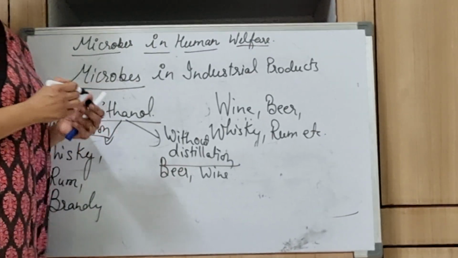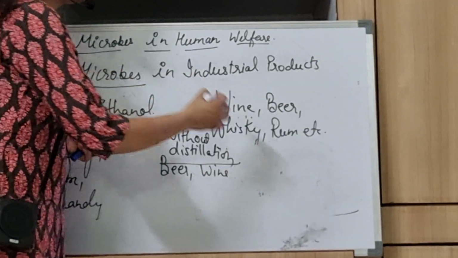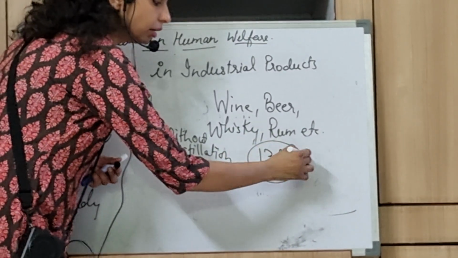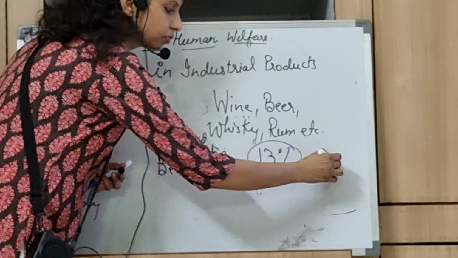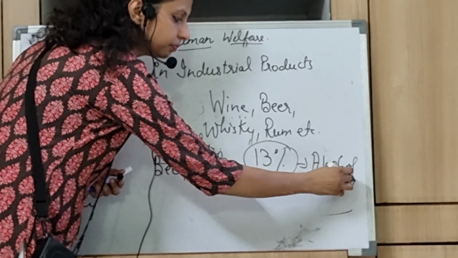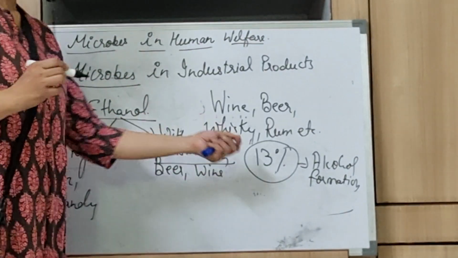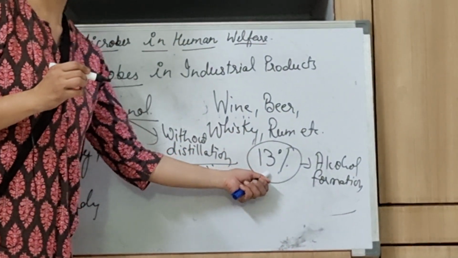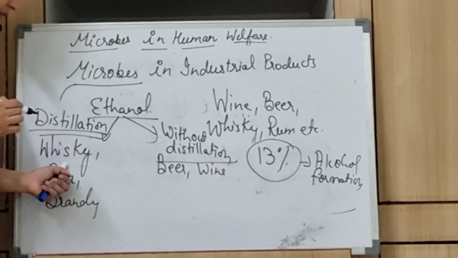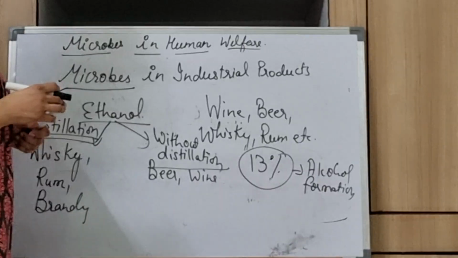Whenever yeast grows in the cereals, what happens? After reaching 13% alcohol formation, the yeast gets killed. Now you know the level of alcohol matters when a person takes a beverage.